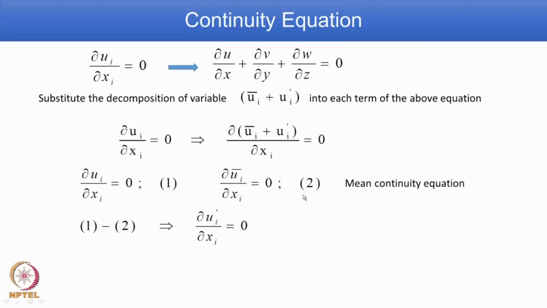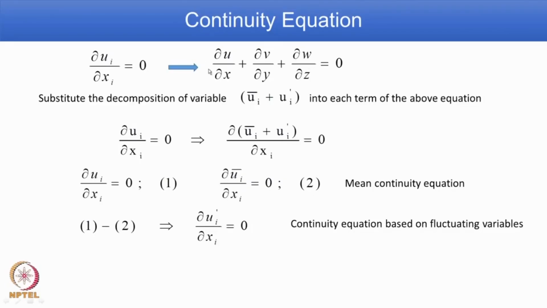So, equation 2 is the mean continuity equation, and this particular equation where you use the fluctuating quantity is the continuity equation based on the fluctuating variable. What we have done in this slide is write a generic continuity equation in very expanded form, and then write the continuity equation in index form.